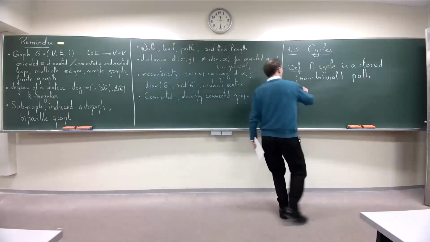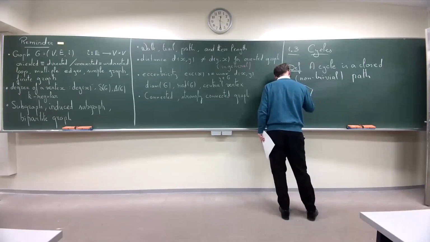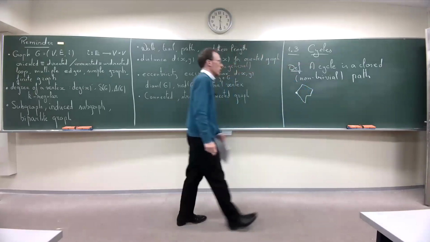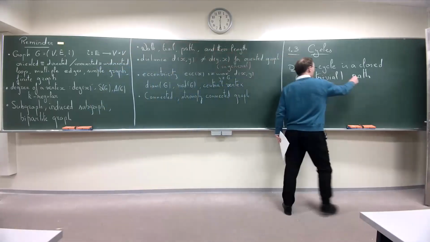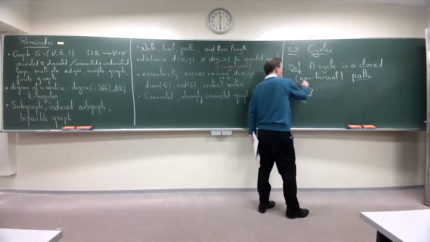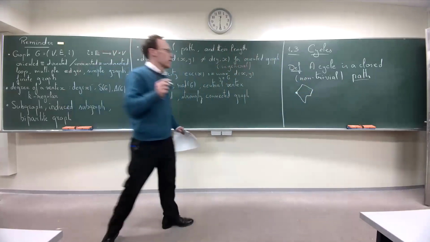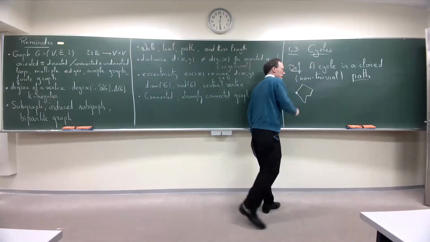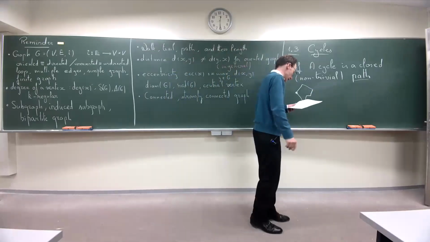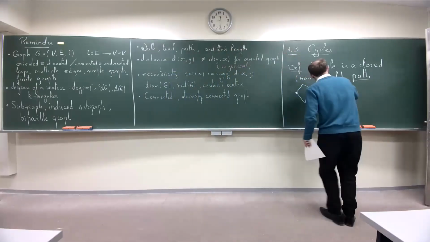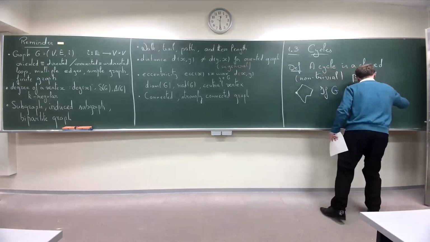So what it means, you're in the graph and you do something like this, but your initial point and your final point are the same, and it's a path which means I cannot go 2 times through the same edge. I cannot go 2 times through the same vertex except the initial one. Okay, this is the notion of a cycle.